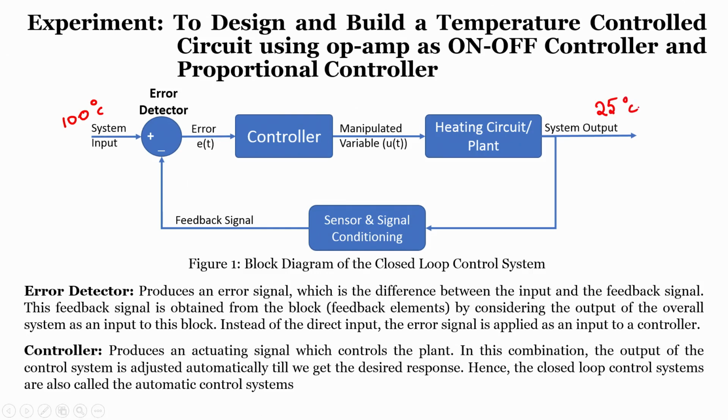Now the temperature of the plant is 25, but the required temperature is 100 degrees centigrade, which are not matching. Moreover, 100 degrees is our understandable temperature unit, but an electronic system does not understand 100 degrees. So we have to provide the input in terms of voltages.